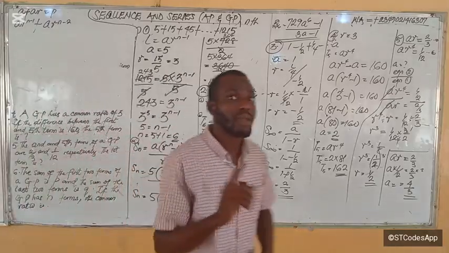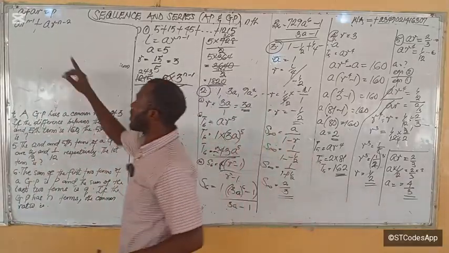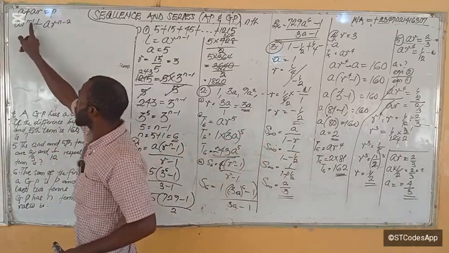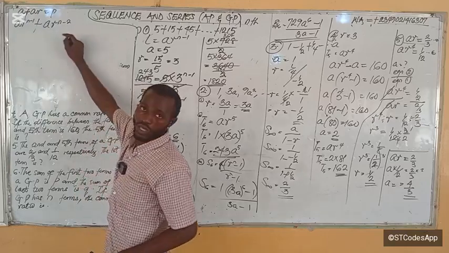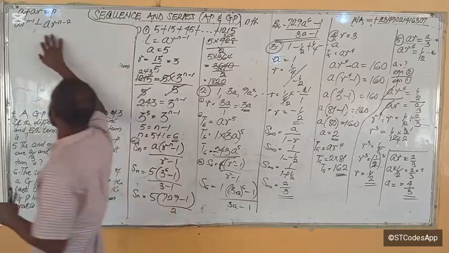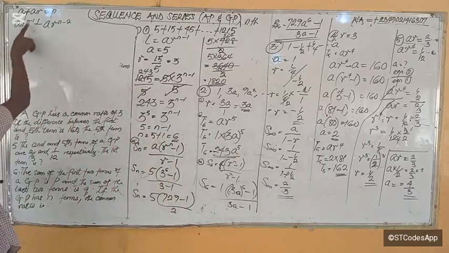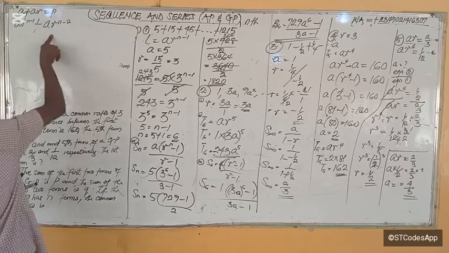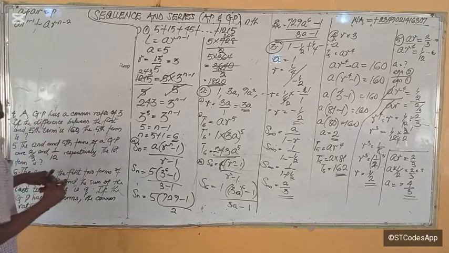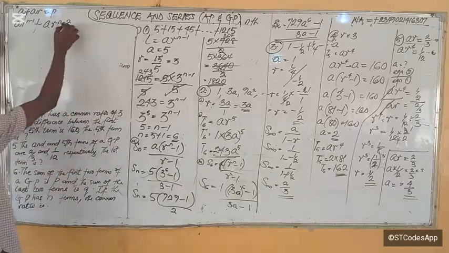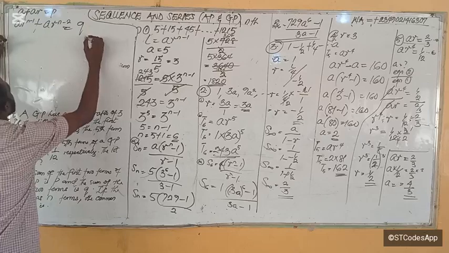If this one is raised to power n minus 1, then this one will be n minus 2. That is, if I'm dividing by a ratio of R to power 1 here, then I'll be dividing by R to power 2 here, if there is a term before it. Is that clear? So the last 2 terms will be this. Their sum is Q.